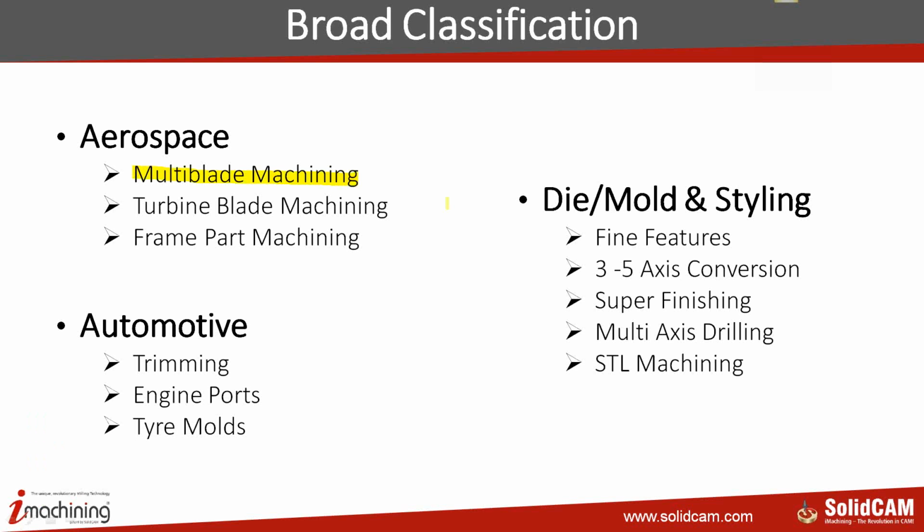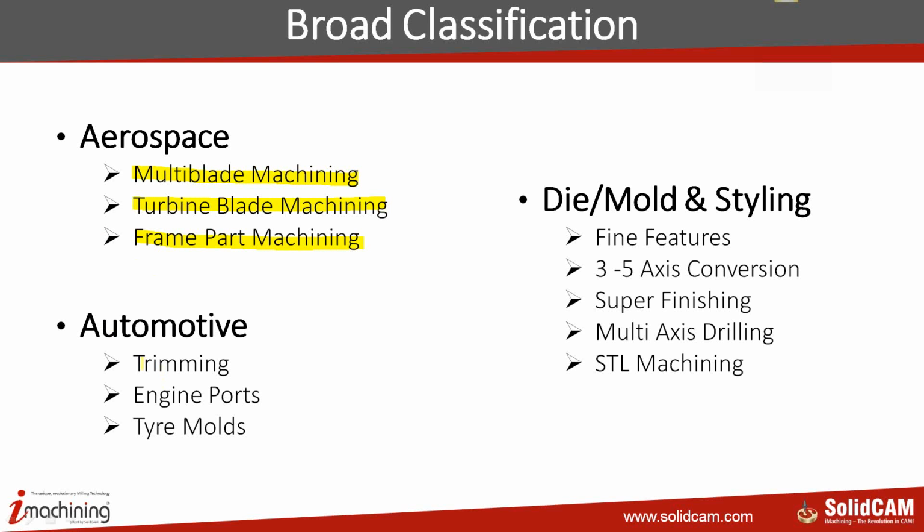Then we have very nice stuff using the regular 5-axis to machine turbine blades, both for steam turbine as well as for gas turbine. And then we have the new swarfing function that can be used for machining frame parts for aerospace applications.